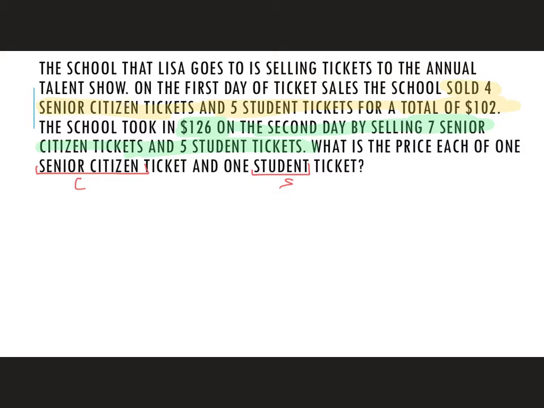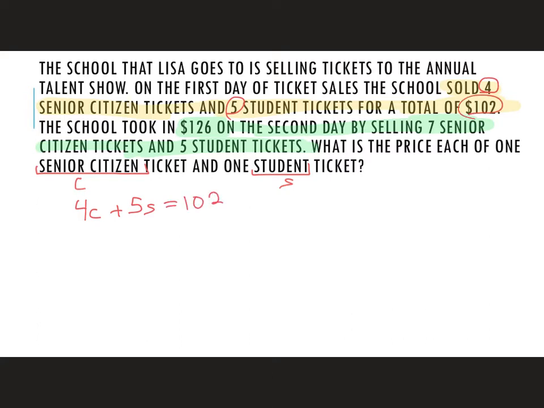So the first day, the equation is 4 senior citizens, so that's 4C, plus 5S for 5 student tickets, and the total amount they took in was $102.